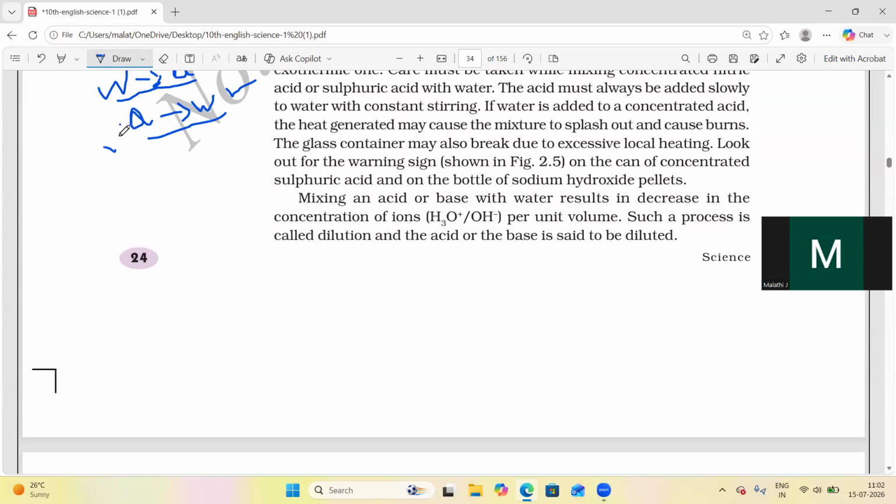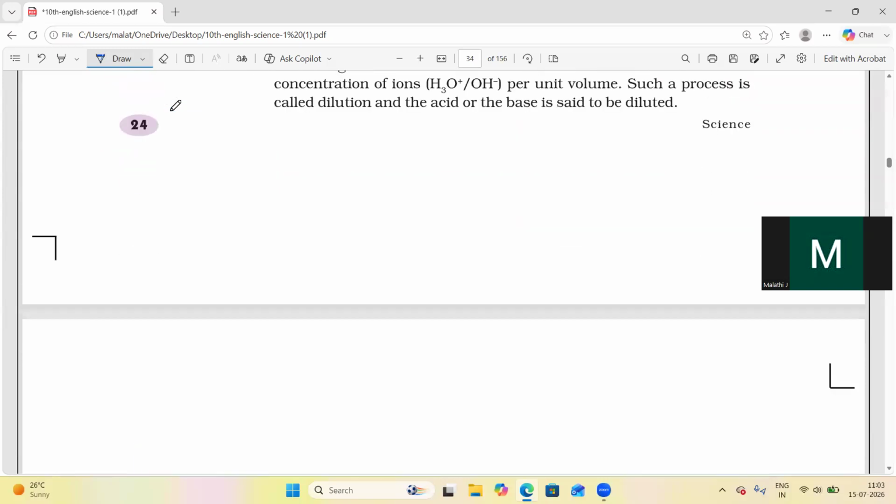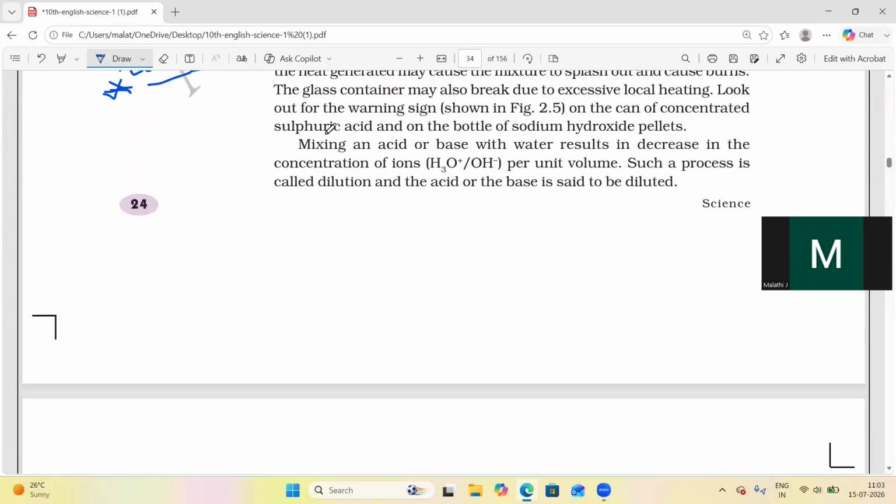This is an important question they will ask in your exam. Which is the correct process of doing dilution, water into the acid or acid into the water? Adding acid into the water is the correct process. Mixing of acid or base with water results in a decrease in the concentration of ions per unit volume.